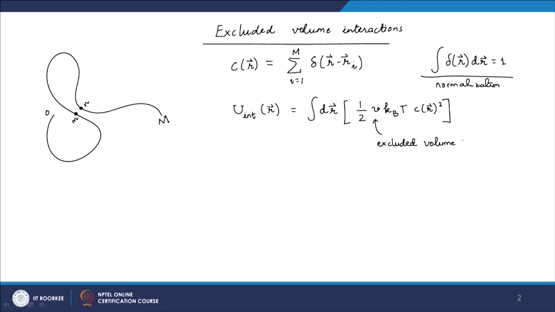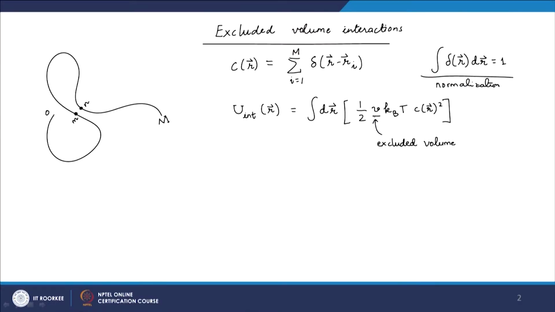You can do the dimensional analysis here. Concentration is numbers per unit volume squared, so number squared by volume squared. We had a volume term here and we have a volume term here. dr corresponds to integration of dx, dy, dz in Cartesian coordinates.